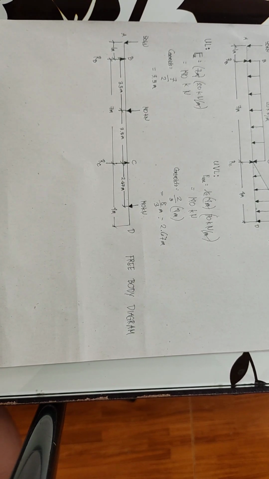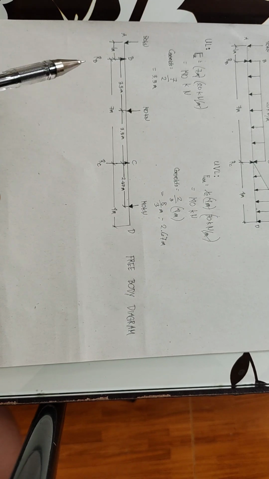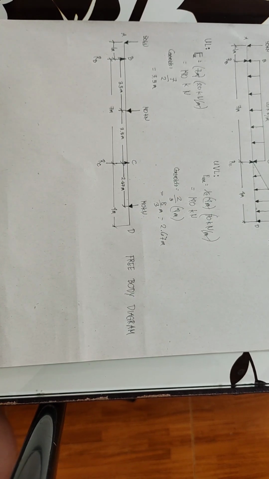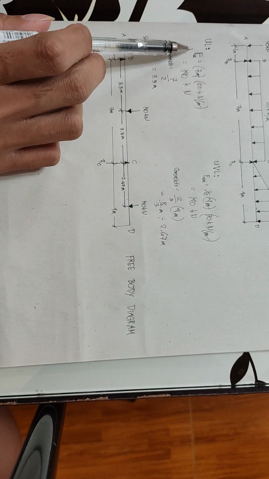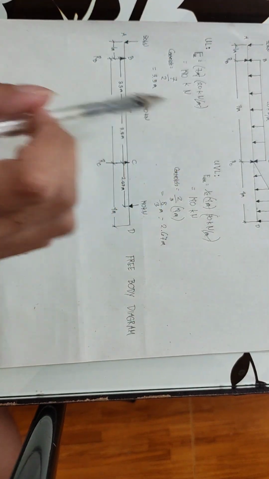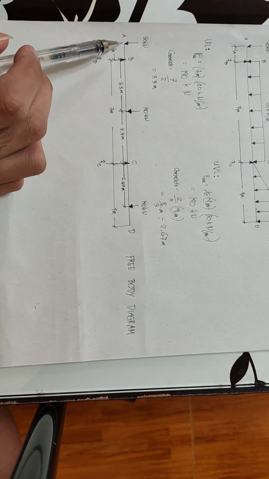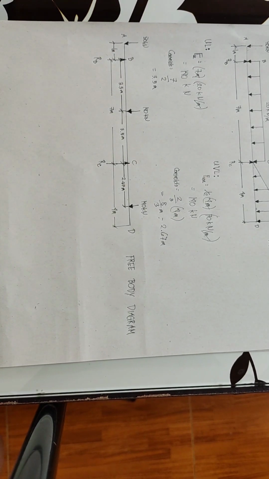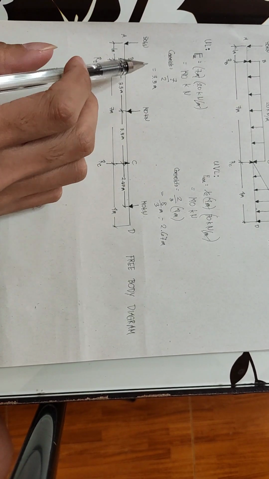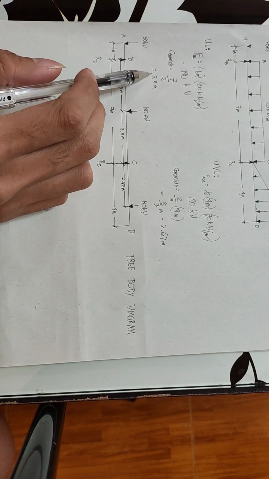The free body diagram will now look like this. As we can see, we solved the force in this loading, so we get 140 kilonewton, and we put it at its centroid, which is 3.5.